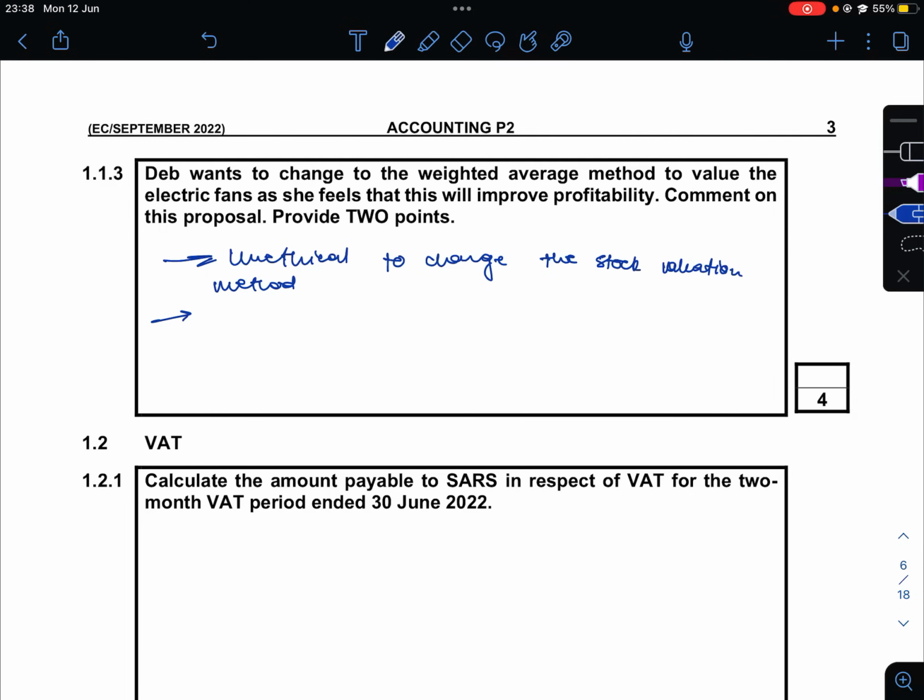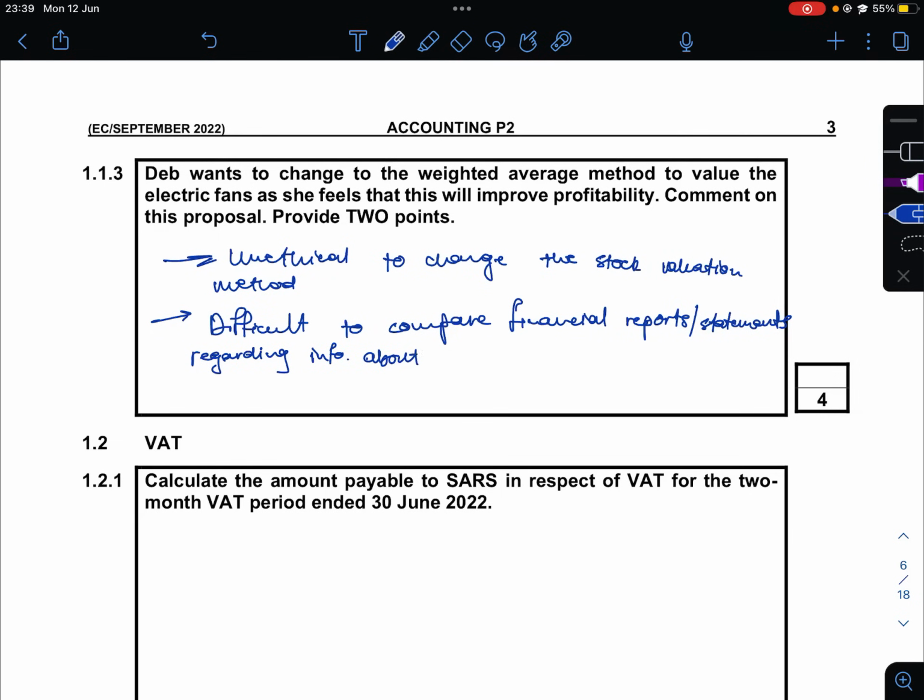So it is difficult to compare financial reports or statements regarding information about inventory.